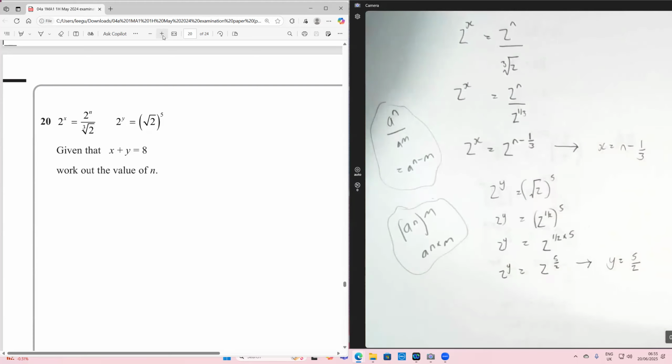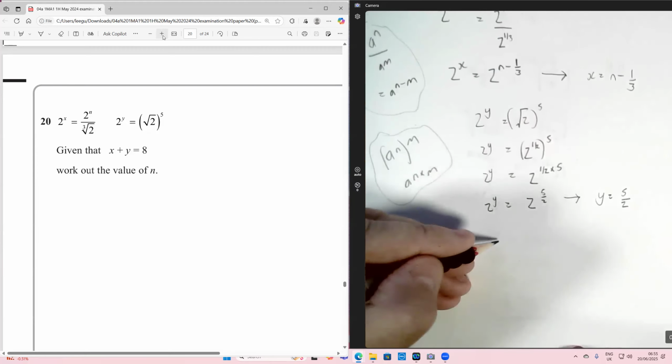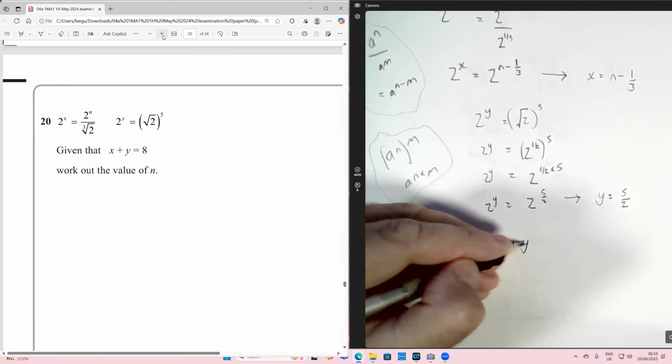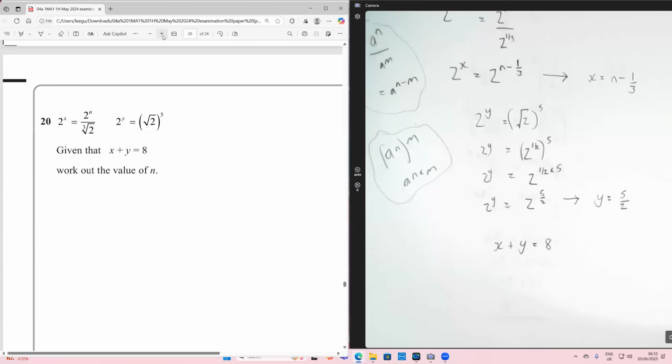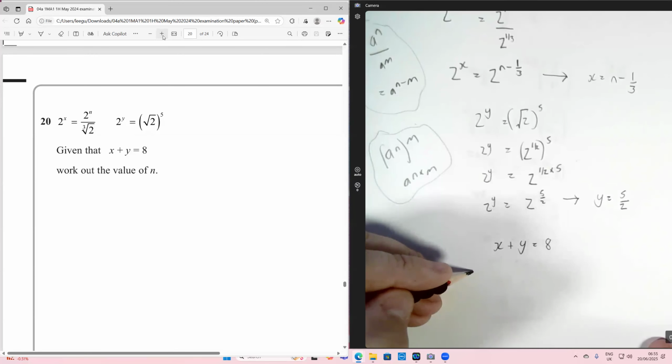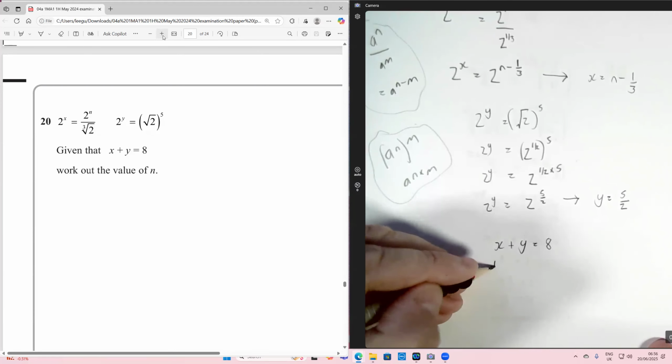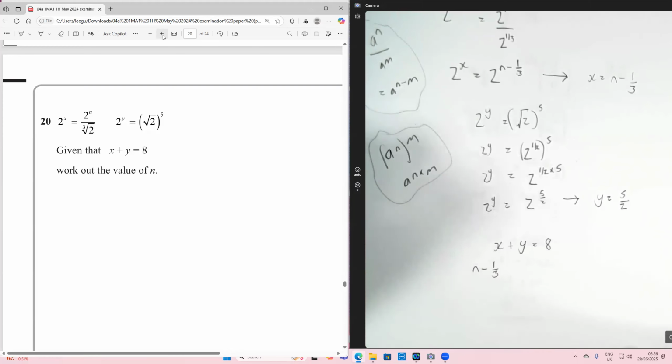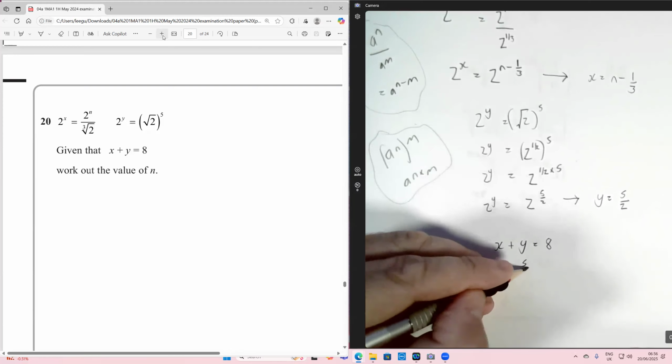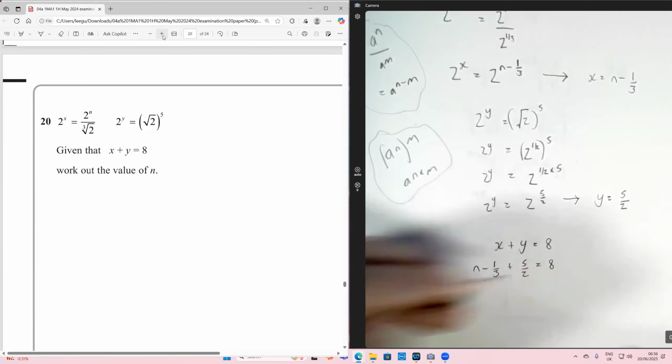So now we can take these two expressions and plug them in to our x add y is equal to 8. So we have the x, which is going to be n minus a third. So n minus a third plus 5 over 2 must equal 8.